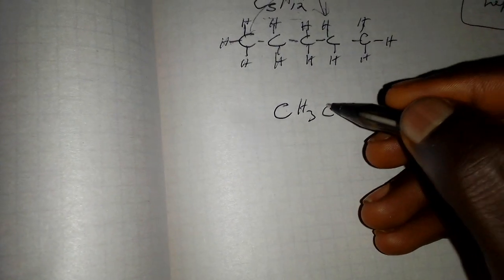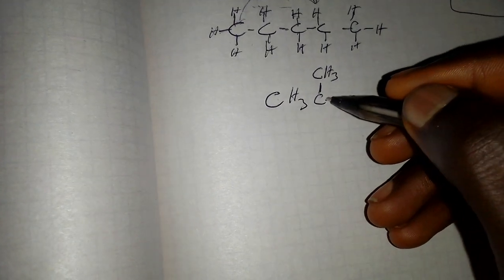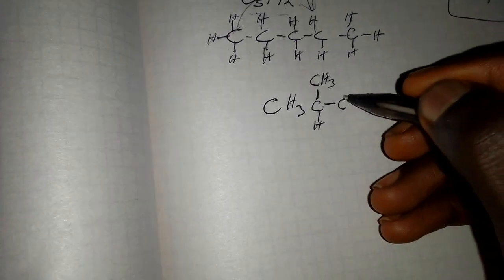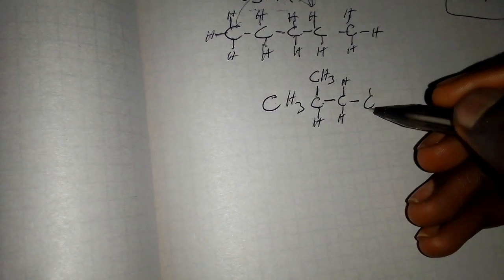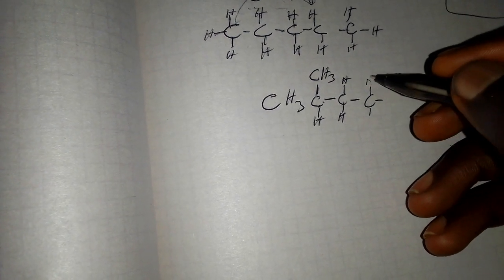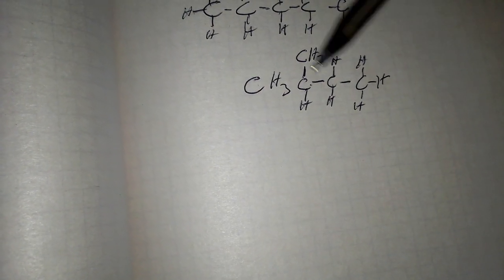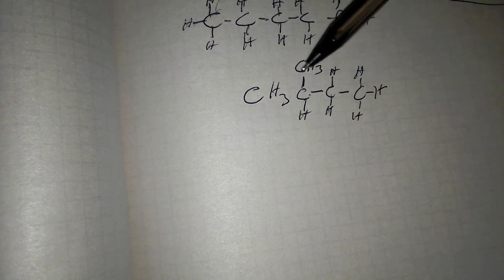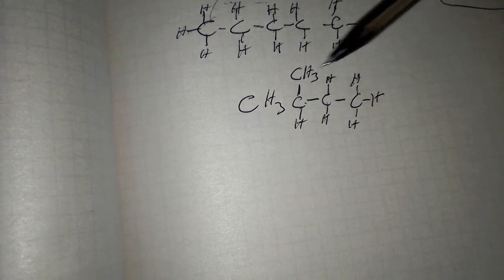We cut off the carbon atom here, we have CH3, and we attach it at the carbon atom in the middle. Of course, notice for the pentane now, we still have 5 carbon atoms.